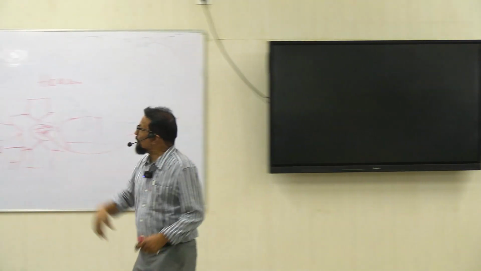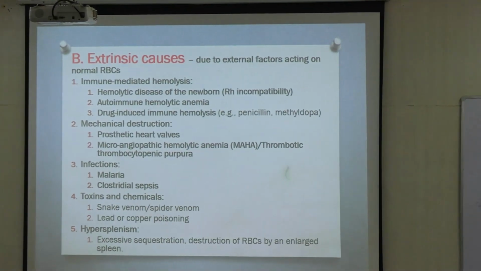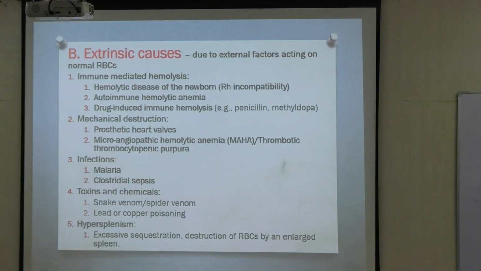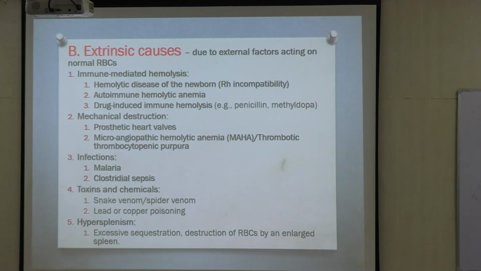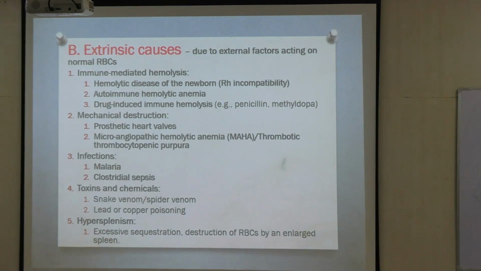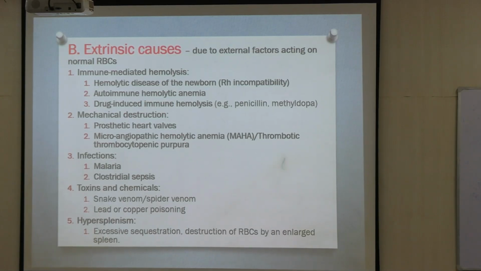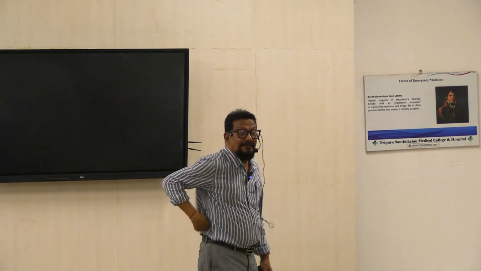And autoimmune hemolytic anemia. Sometimes we produce antibodies against our own body cells. Antibodies are supposed to work against foreigners, but sometimes my body suddenly starts manufacturing antibodies that kill my own body cells. It may affect my skin, it may affect my kidney.